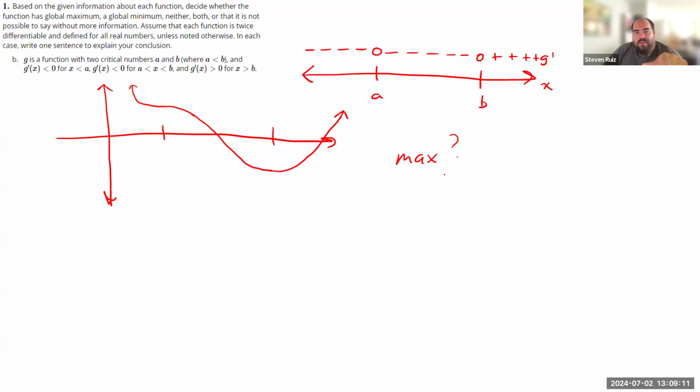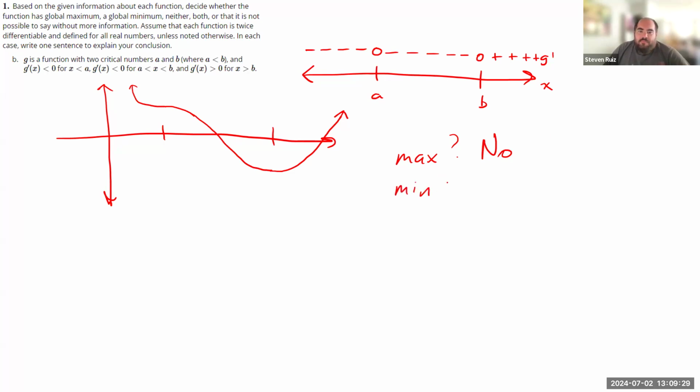What about as I go to the right of b? Well, since the function is increasing to the right of b, then the further to the right of b I go, the higher the y values get. So because of that, I cannot have a global maximum. I'm just going to keep achieving higher and higher y values.